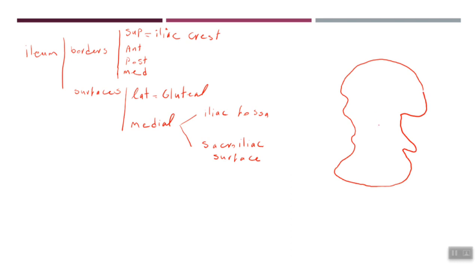This is a hip bone, and here we consider the obturator foramen, and here we have a surface whose name is the auricular surface.